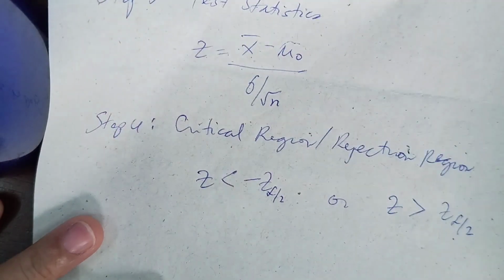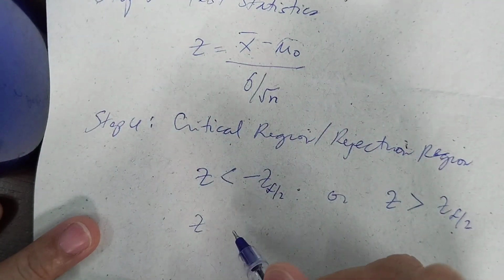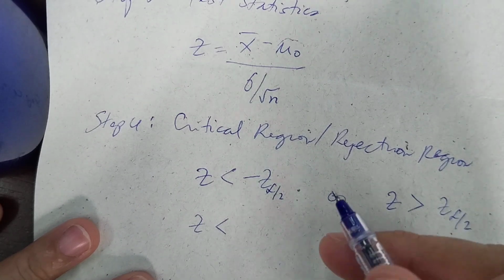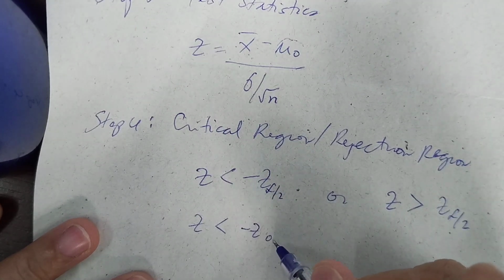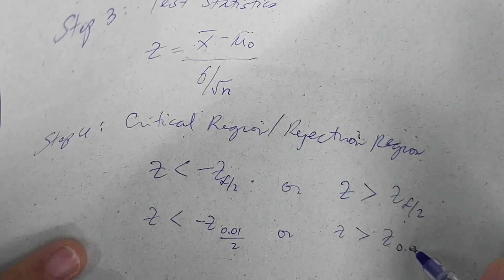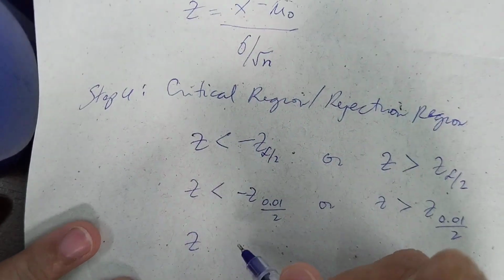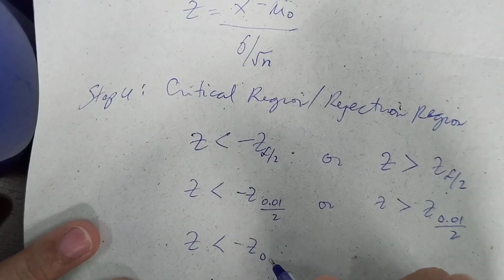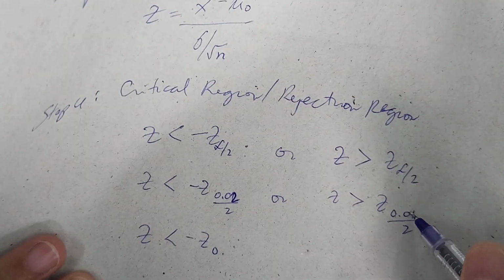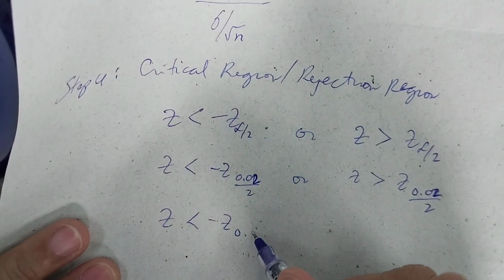Now, our alpha is 0.02. Let's see. We have negative Z at 0.02 over 2, or Z greater than Z at 0.02 over 2. So this is now 0.01.